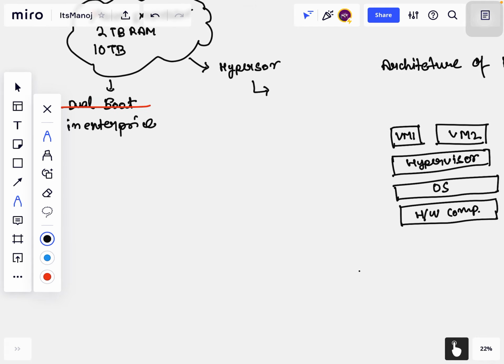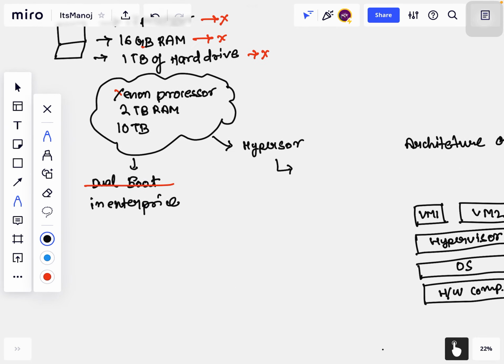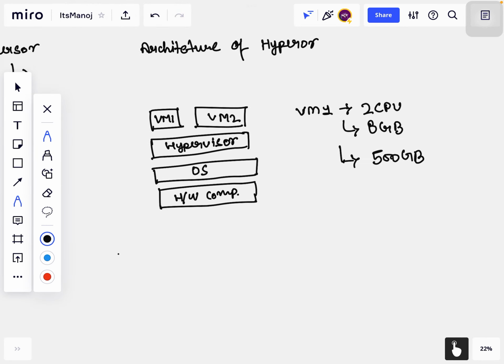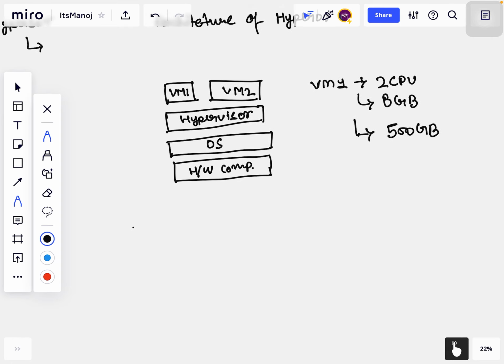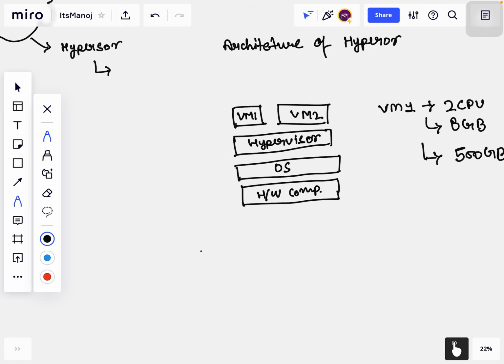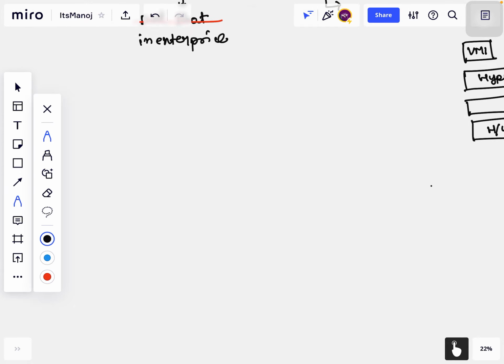We can create multiple VMs using the same specs, and assign these VMs in our organization as per the requirement. So this is the architecture of a hypervisor.